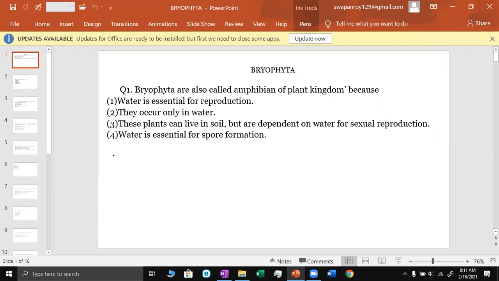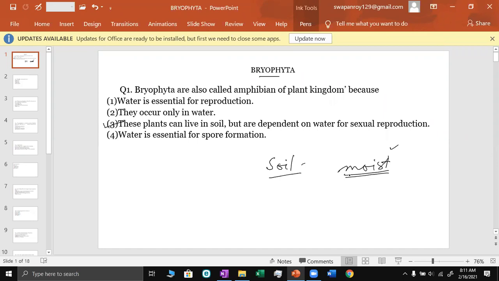Option 3, because these bryophytes grow on soil, but the soil should be moist. Some bryophytes grow in water also.